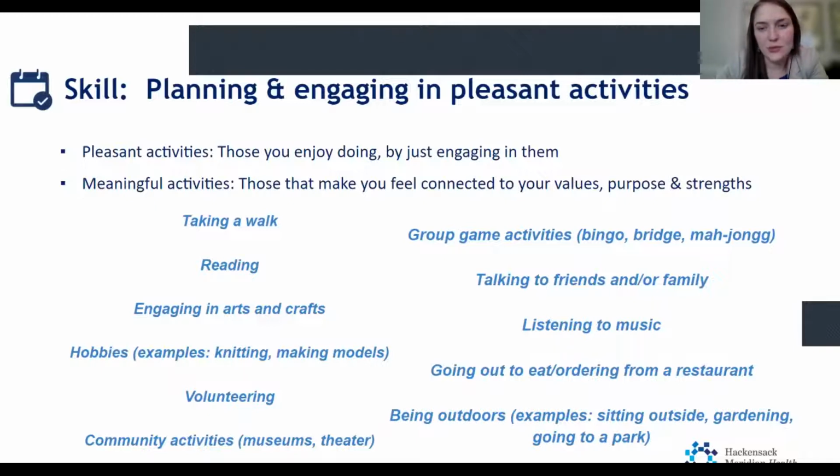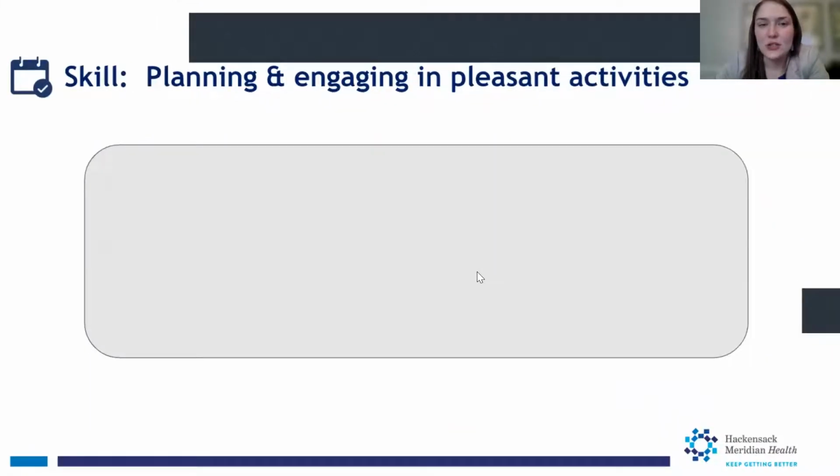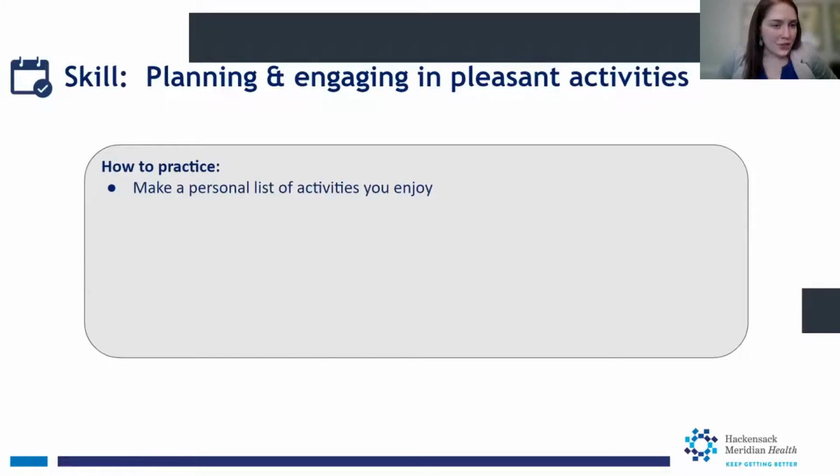And so in order to implement this strategy, the idea is to incorporate some regular time week to week for these types of activities that lift our spirits and really engage us in life. One way that you could get started is by making a personal list of a few different activities that you enjoy, that are doable in a certain amount of time, for example.